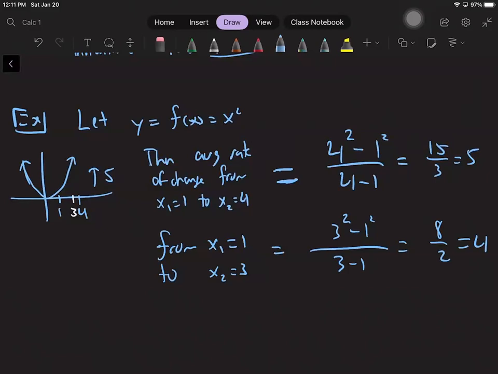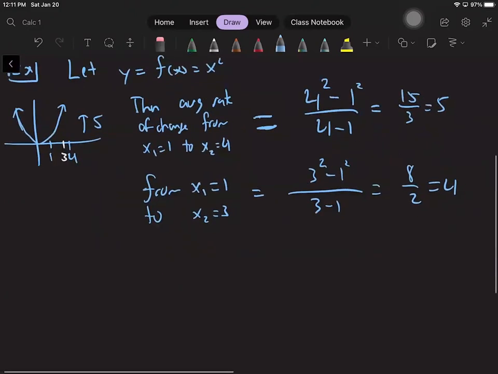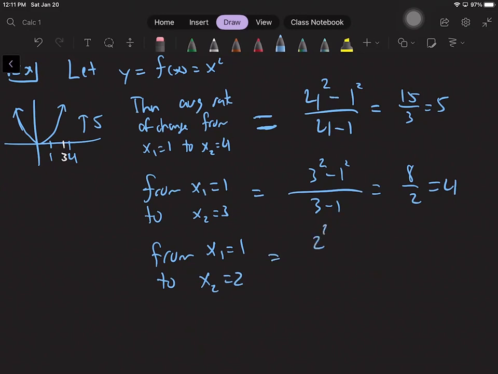It's a little bit less. So the idea is to keep bringing the second number closer to the first number. So next I could go from 1 to 2, and then I get 2 squared minus 1 squared over 2 minus 1. So I get 3 over 1, which is 3.